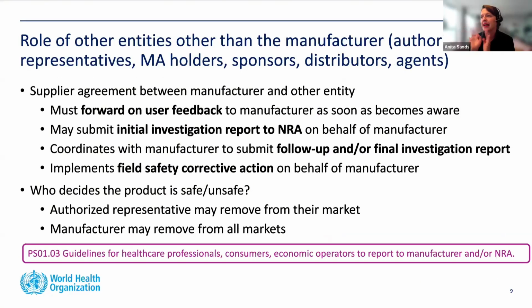I'm going to talk here just a little bit about the roles of other entities. So agents, wholesalers, distributors, marketing authorization holders. In Australia, they call them sponsors, somebody other than the legal manufacturer. And I think this is a really tricky part of this regulatory function, is knowing who do you work with as a regulator? Who do you enforce the legal provisions on?